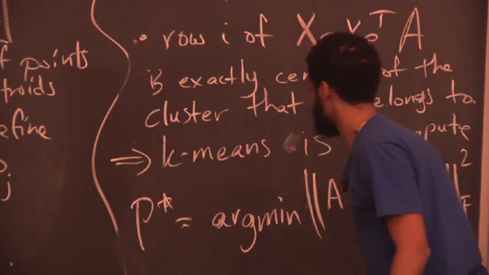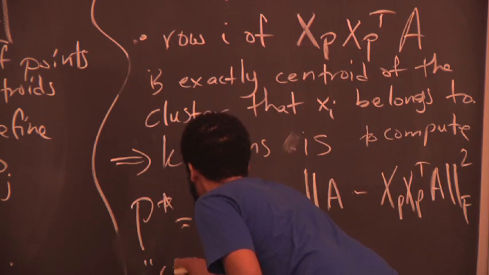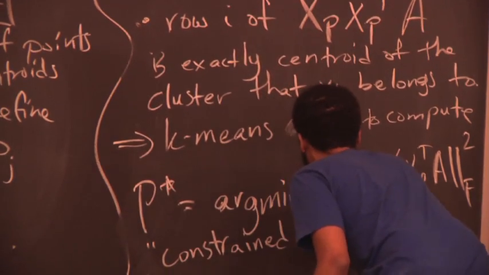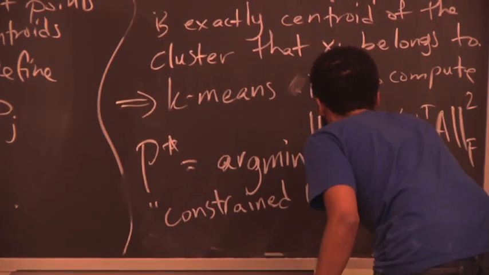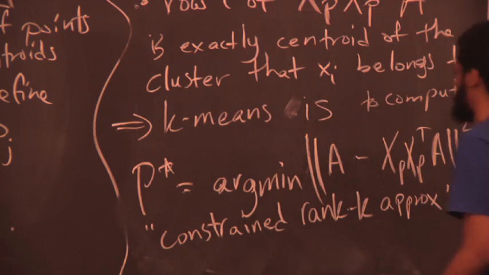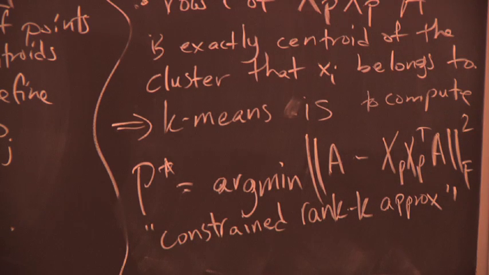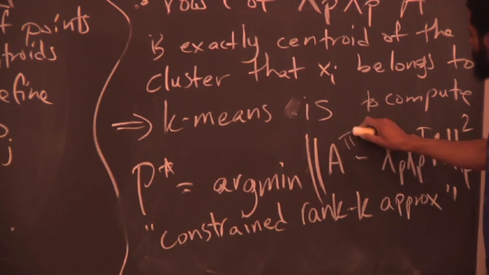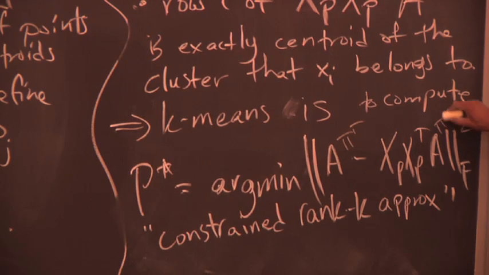So this is a constrained rank k approximation. Now you can ask yourself, rather than minimize this directly, what if I did dimensionality reduction? What if I put a Pi transpose here and a Pi transpose here?